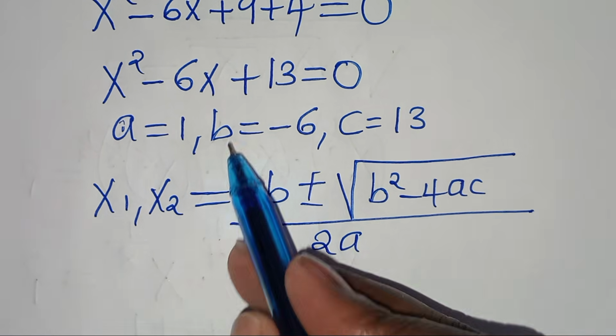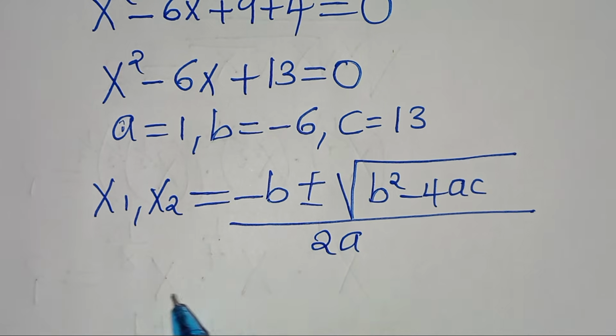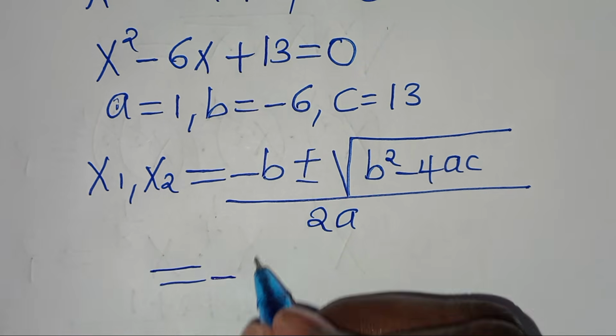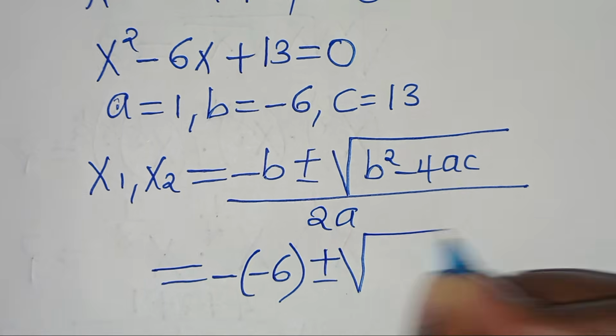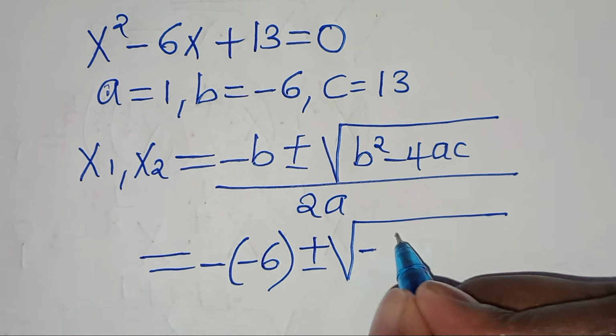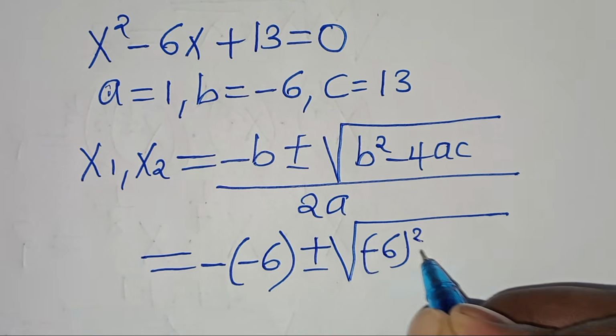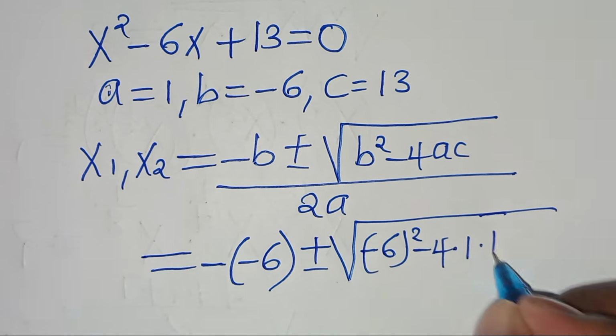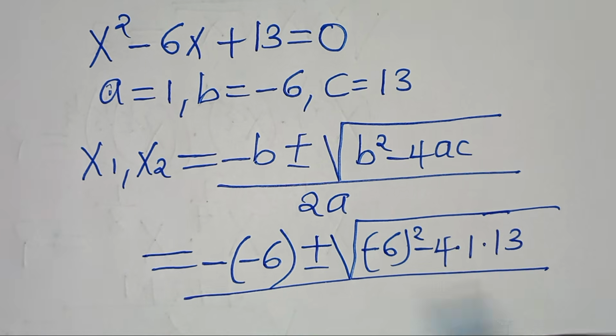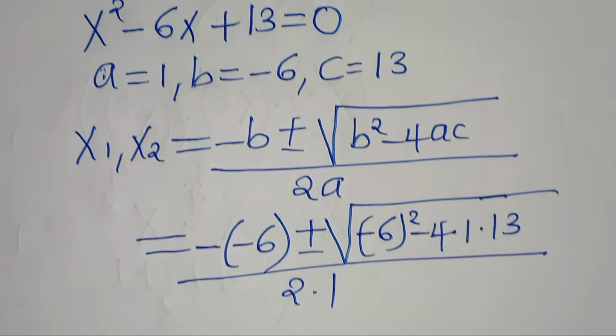Substituting a, b, and c into this formula, we have minus minus 6 plus or minus the square root of (minus 6) raised to the power of 2 minus 4 times a, which is 1, times c, which is 13, everything divided by 2 times 1.